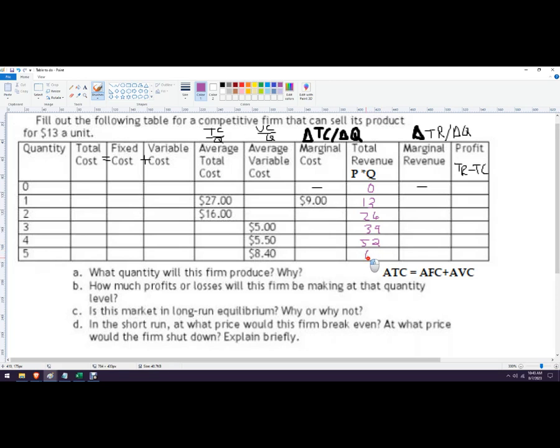And 5 units is 65. And now we have the total revenue column filled in.